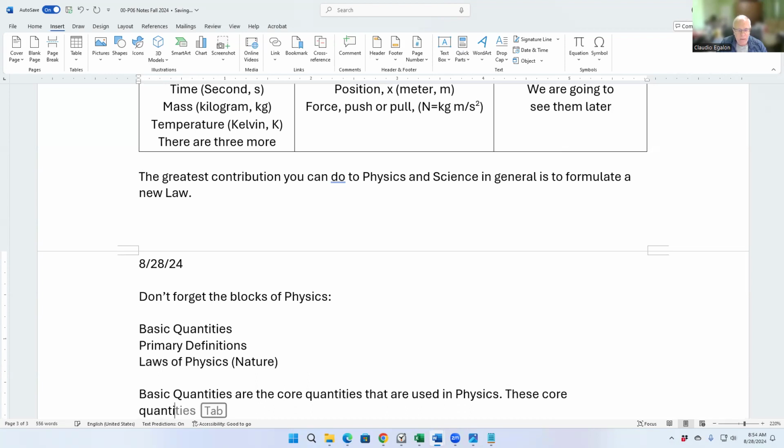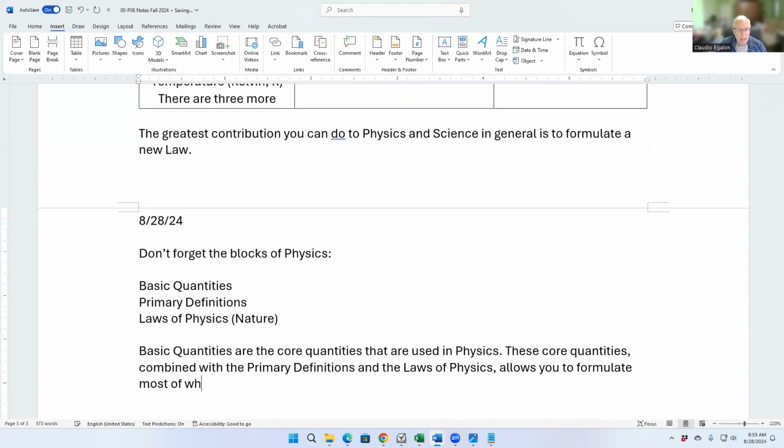These core quantities, combined with the primary definitions and the laws of physics, allow you to formulate most of what is known in physics.